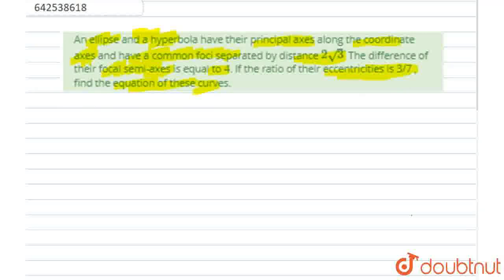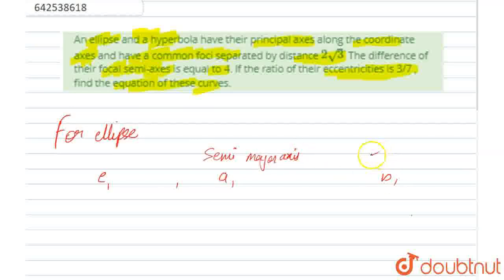So first of all, we can consider the eccentricity, semi-major axis and semi-minor axis. For the ellipse, the eccentricity is E1, A1 is the semi-major axis, and B1 is the semi-minor axis.